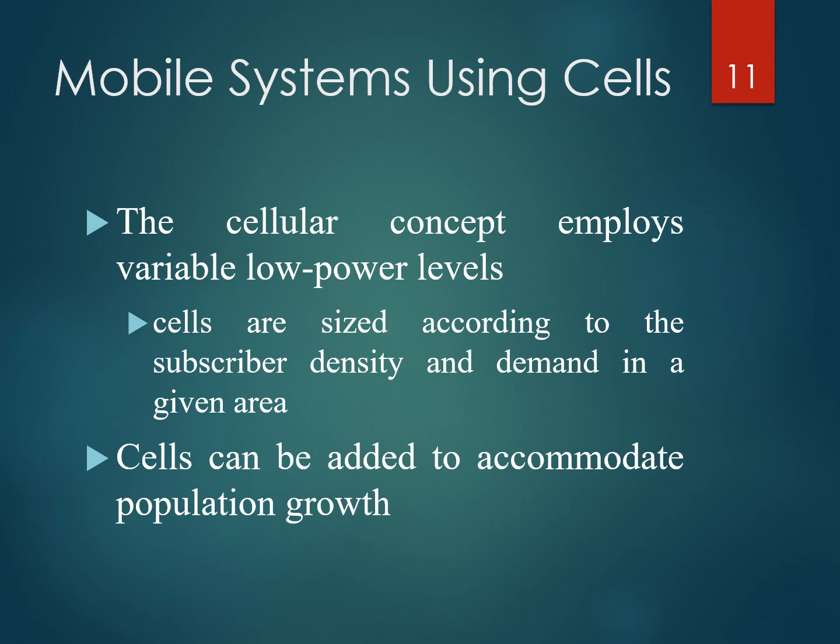Cells are sized according to the subscriber density and demand in a given area. So based upon the population and subscriber strength, they are splitting the cells. Cells can be added to accommodate population growth. If there is a larger population in a particular area, your cellular regions can be further increased.